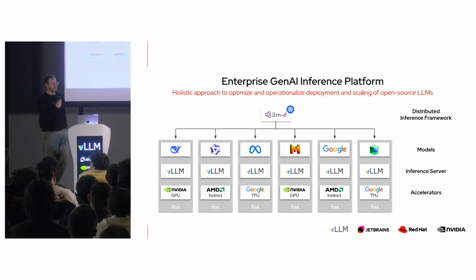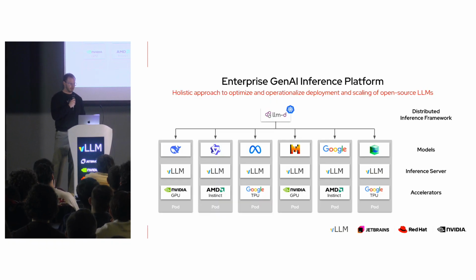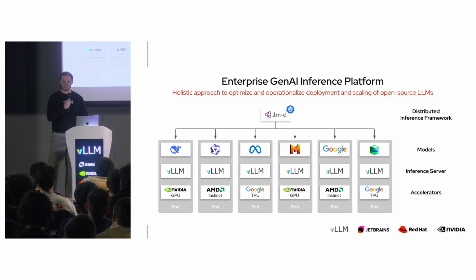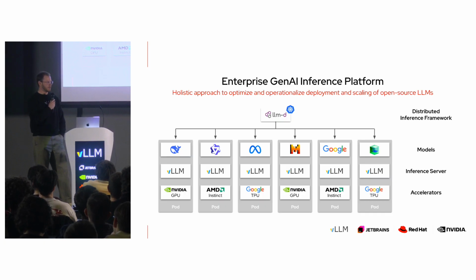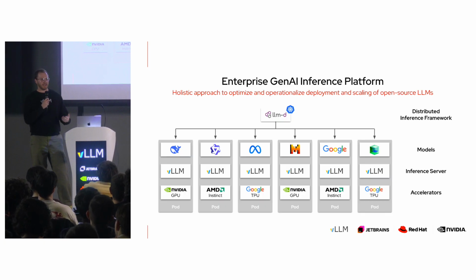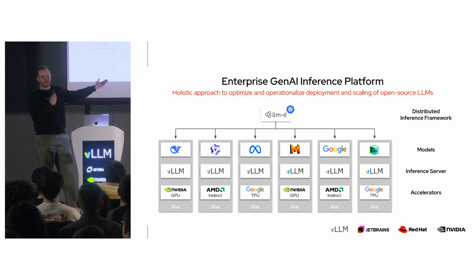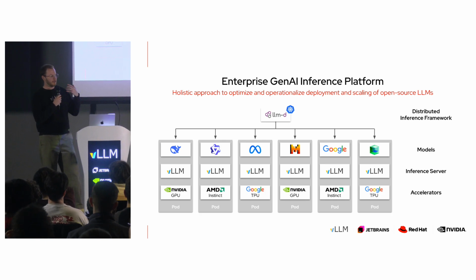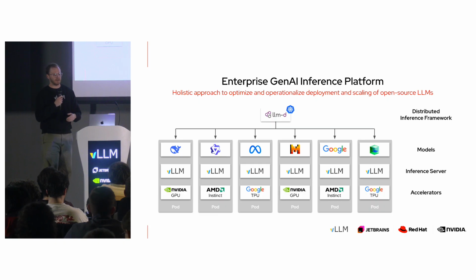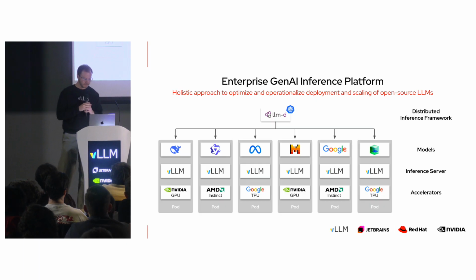llm-d is a library built natively with Kubernetes in mind to manage and operationalize the many vLLM deployments you probably have, both for different models, but also for single models as you scale across different hardware platforms, or scale your models to running across nodes and nodes of accelerators, as I mentioned earlier.